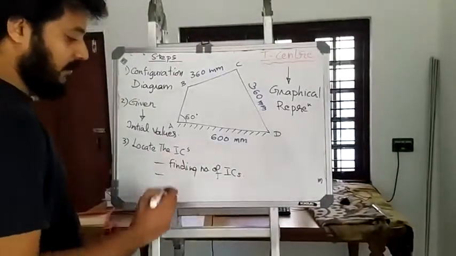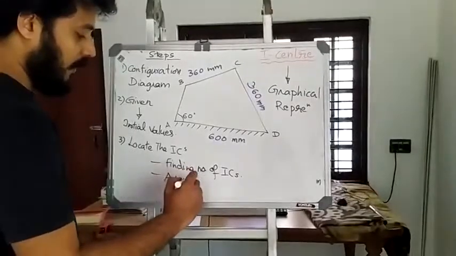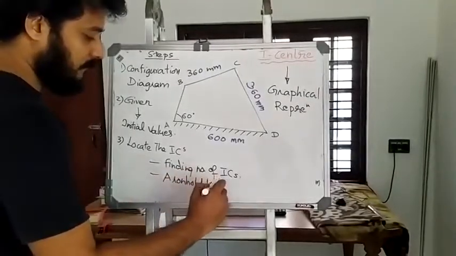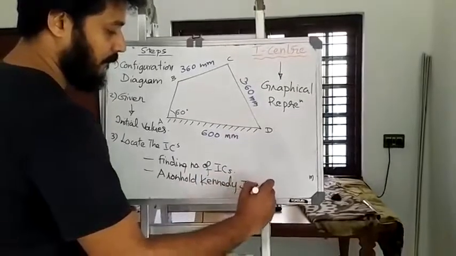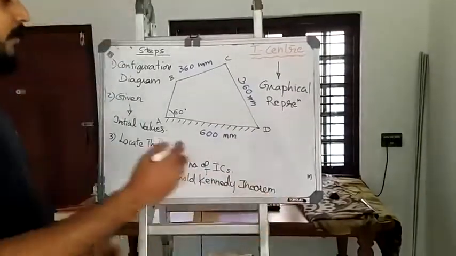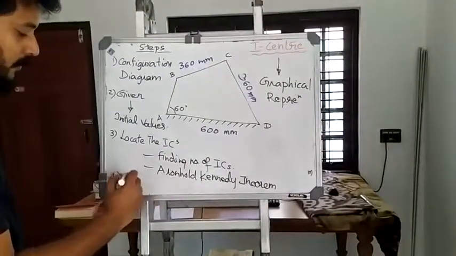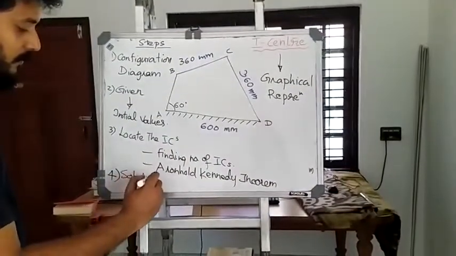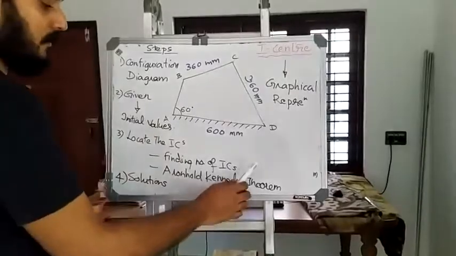For locating the i-centers, we have to use the Aronhold-Kennedy theorem. After locating the i-centers, we can finally find the solutions. These are the stages that we have to cover while solving this numerical.